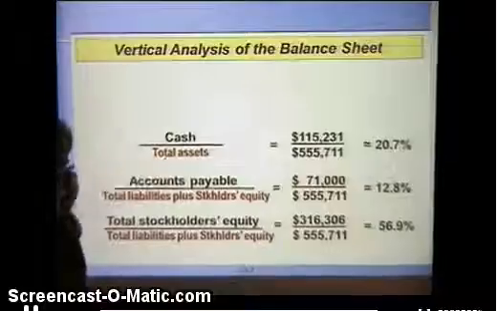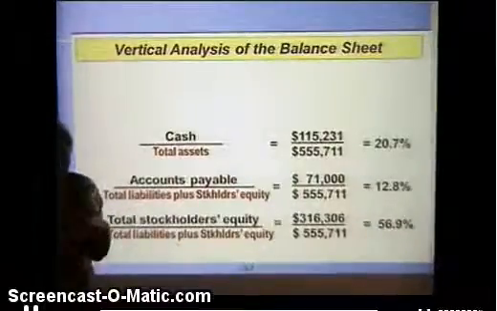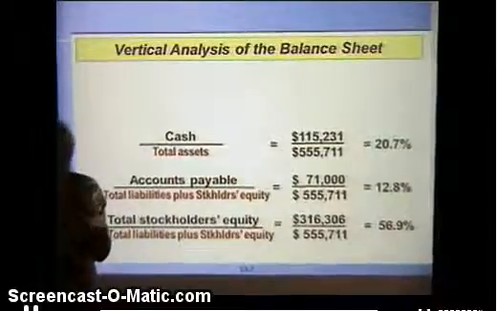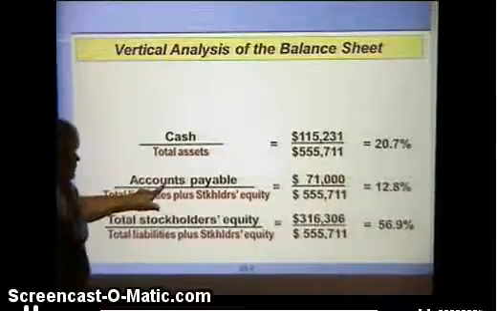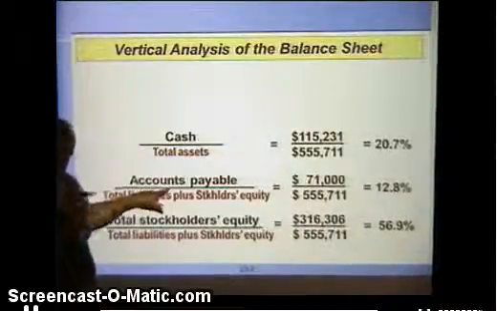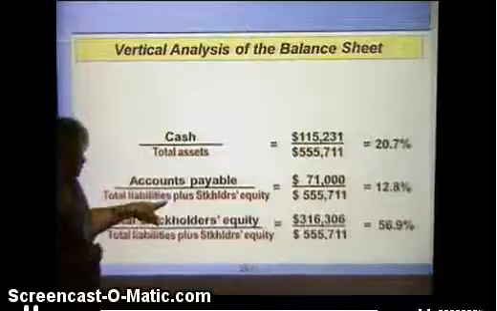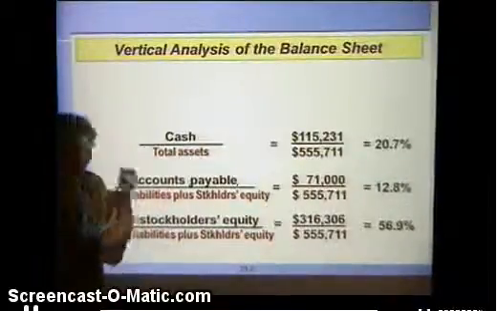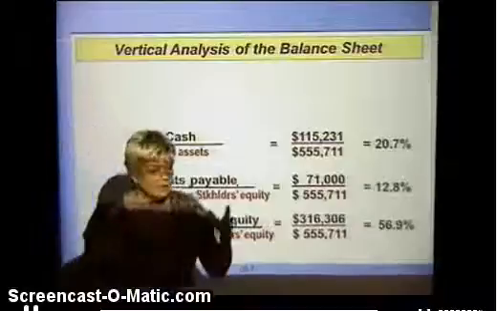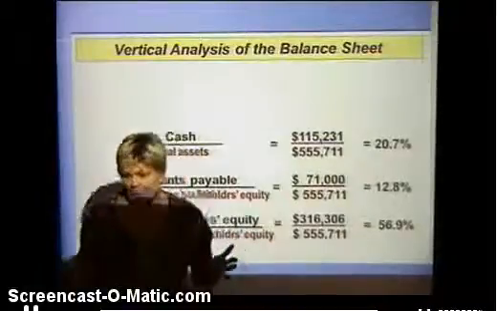And then in the bottom part of our balance sheet, which is our liabilities and owner's equity, we're going to compare the elements of that, like our accounts payable to that total, and stockholders' equity to that total. So we use a different one for each section, depending on what we're trying to come up with.